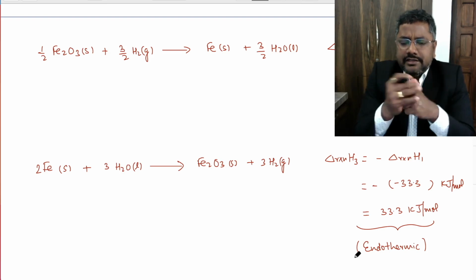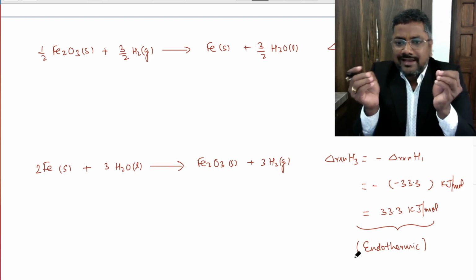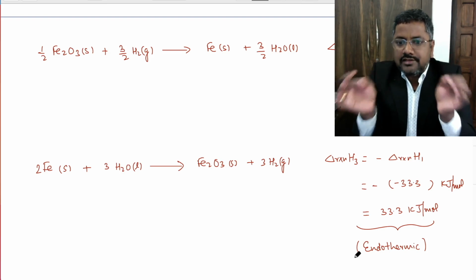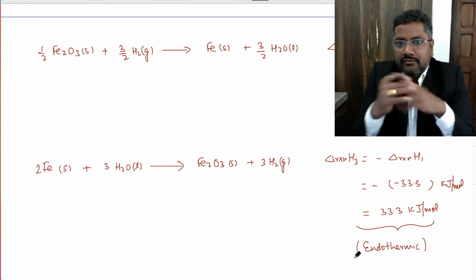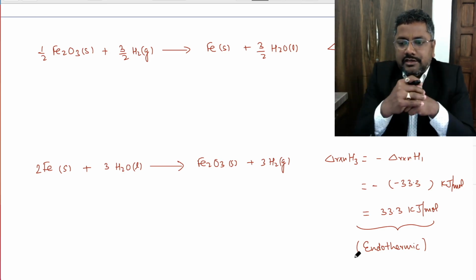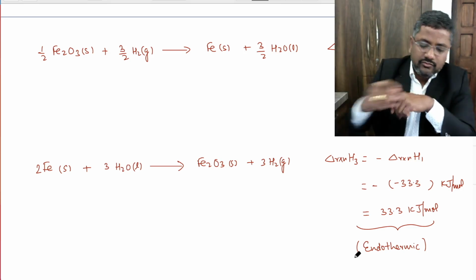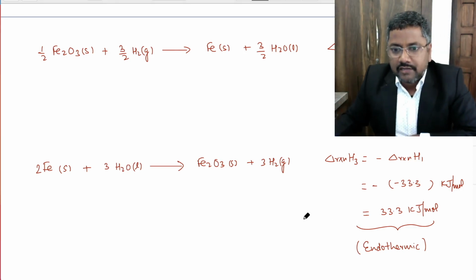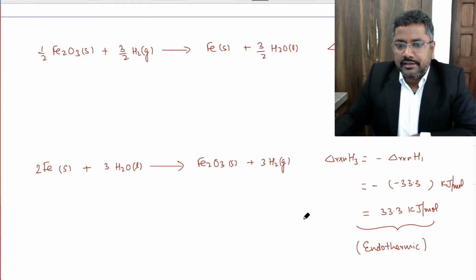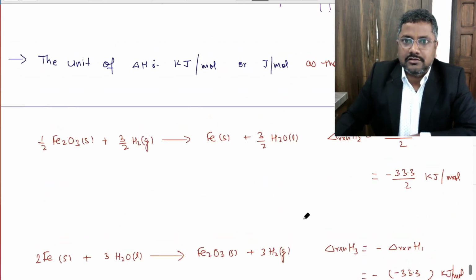So you can say that all algebraic rules are applicable when you are manipulating the thermochemical equation, right? Clear to everybody? Okay, good.